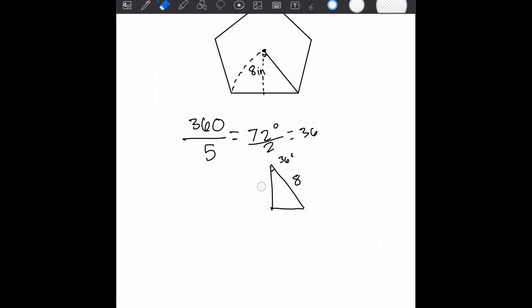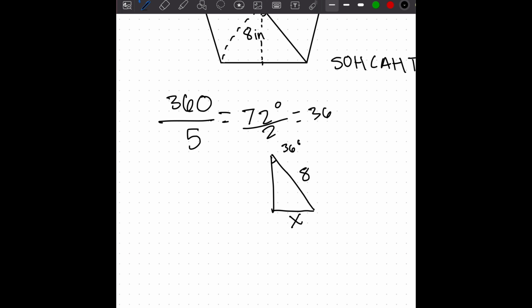And so what we want to do is look for the base of the triangle and the height. Right now, first we can look for the base of the triangle, so this one. And so we'll be solving for this using SOHCAHTOA. So from the 36 degree perspective, the x is the opposite and the 8 is the hypotenuse. And so that falls under sin.